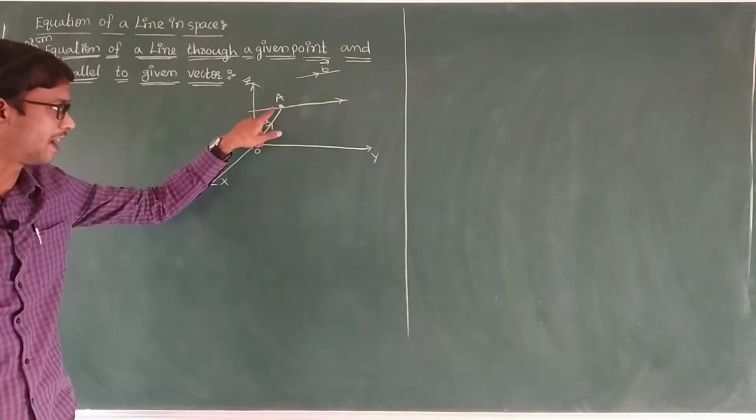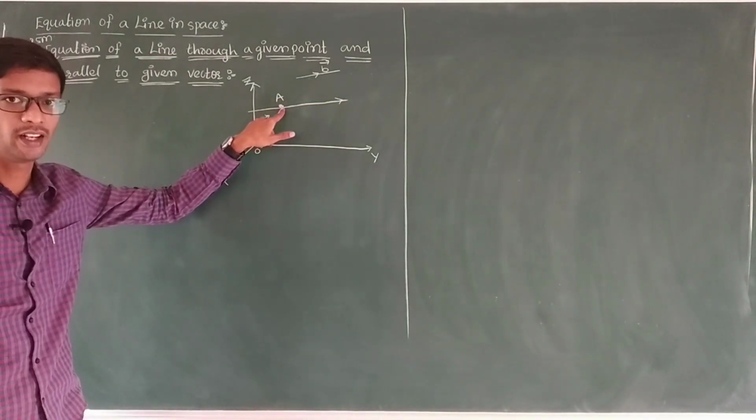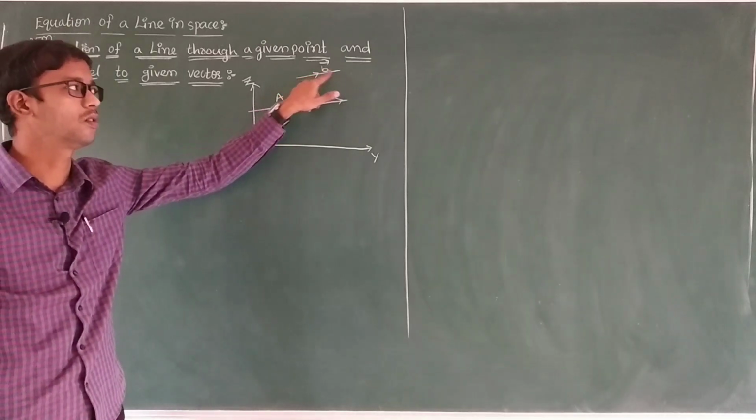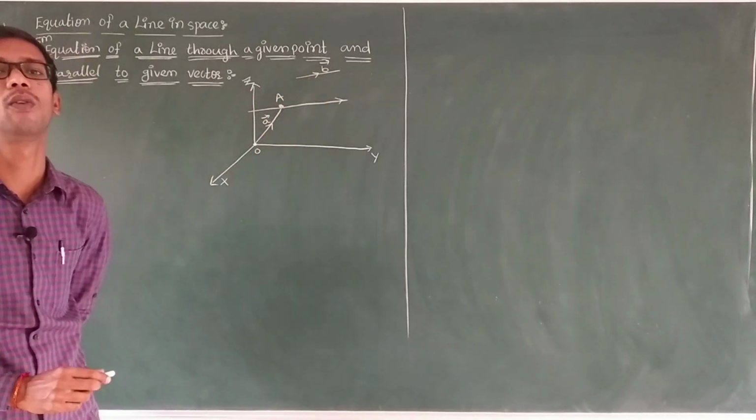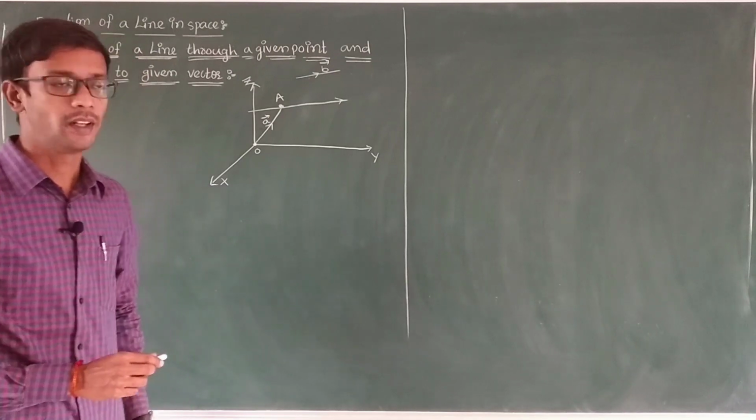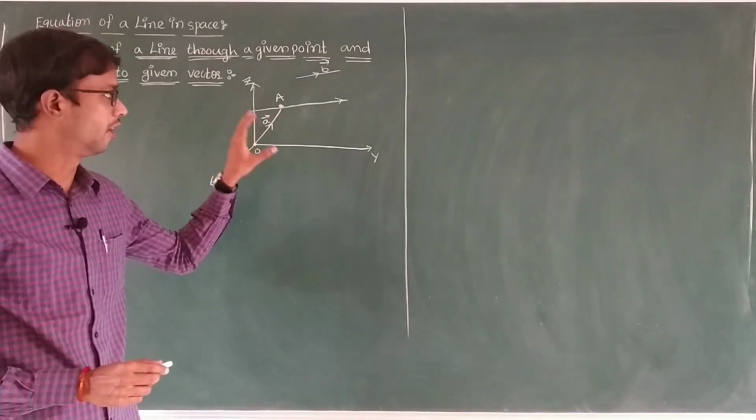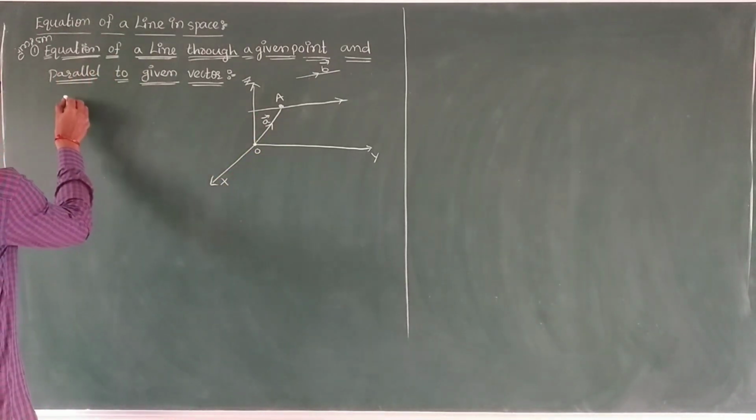We have to find the equation of the line passing through the given point A and parallel to B bar. For that purpose, first I will write all these things.